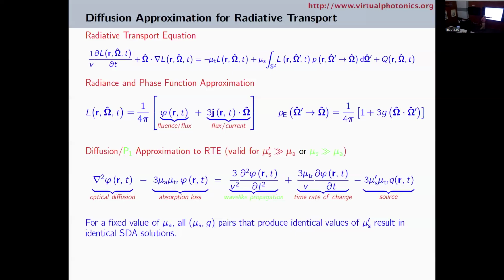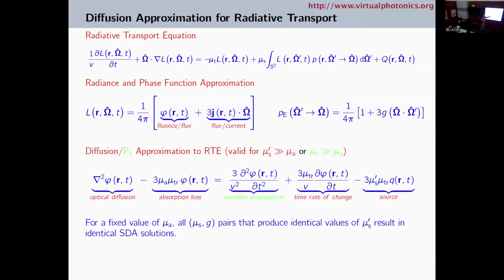And the other thing is that you get a wave-like propagation, although the velocity of the propagation is wrong. So those of you who may remember wave equations, the term in front of this second derivative, if you take the square root of this and make a reciprocal, that should be the speed of propagation.